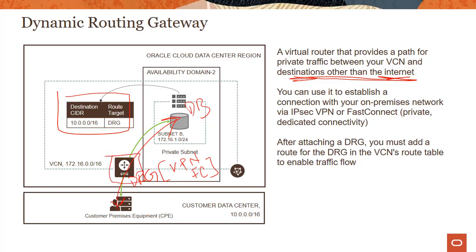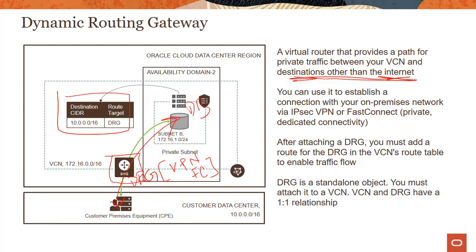So you have to add this route, and then of course you can have security lists or network security groups to secure your subnets and the resources running in them. DRG is a standalone object, so you create it separately, and then you must attach it to a VCN. VCN and DRG have a one-to-one relationship. It means one VCN can only have one DRG, and one DRG can be attached to only a single VCN at a time.